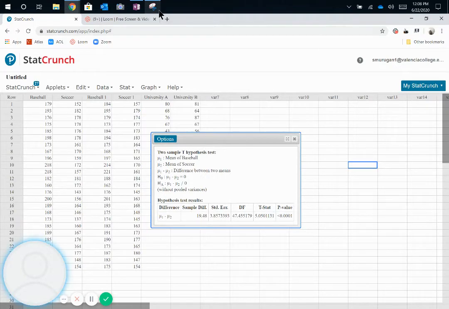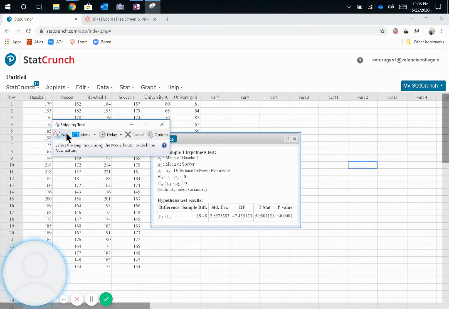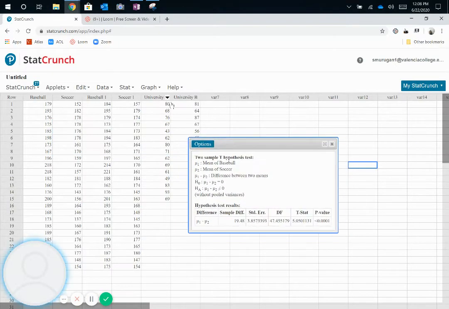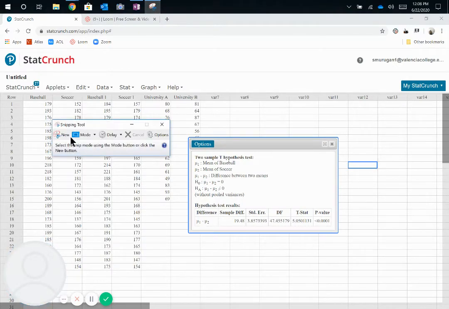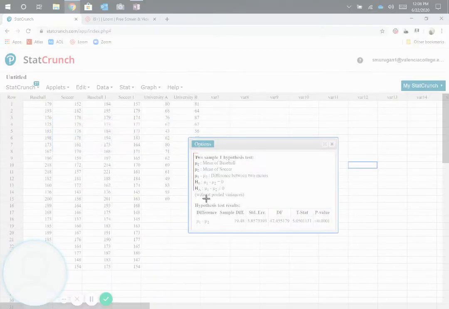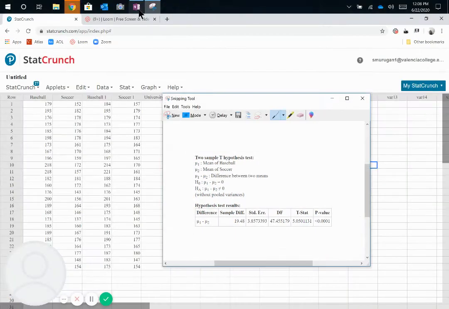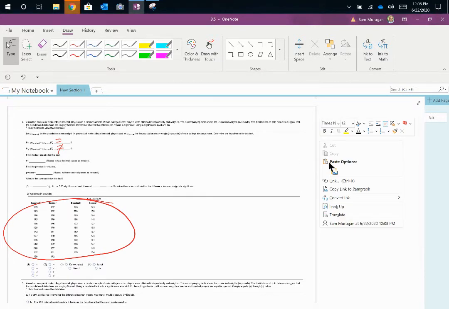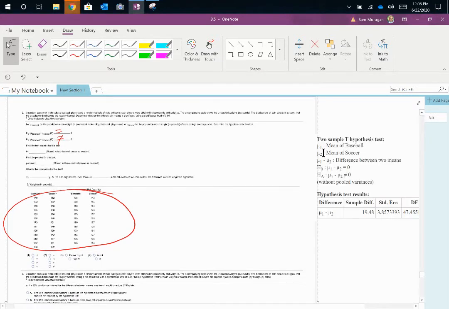So I'm going to snip this and put it over into our notes. I'm going to have to drag this in when I get it here.